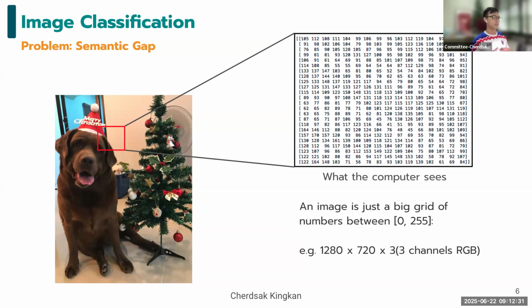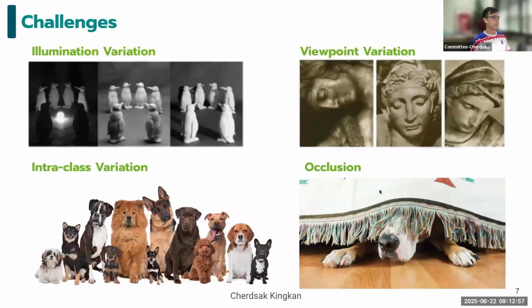But for the computers, for the machines, what it sees is just an array of numbers, an array of pixel intensities. So this is what we call the semantic gap between humans and the machine. That's a problem when we are working with image classification.